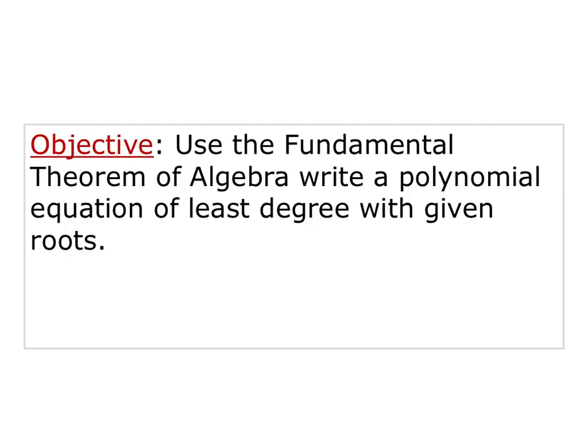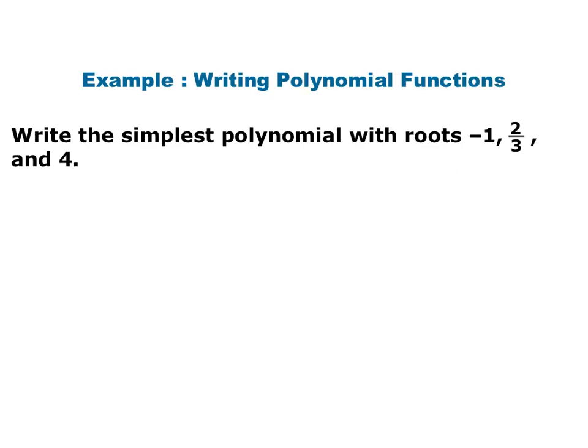Okay, now the next thing I want us to look at here is how to use the Fundamental Theorem of Algebra to write the equation of the given degree when we are given the roots. And how can we be able to do that? So here we are told to write the simplest equation of a polynomial with the following roots.